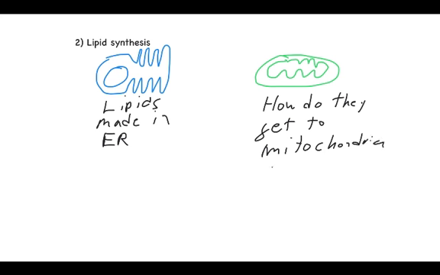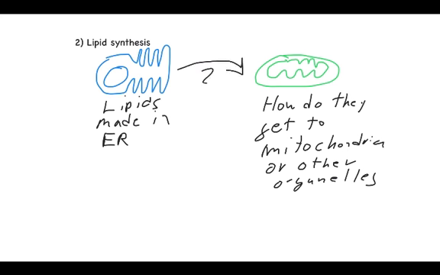If you're synthesizing lipids on the surface of the ER, how do you transfer those lipids in order to support mitochondrial function? This has long been a problem in biochemistry and cell biology: how do these lipids get from the ER to the mitochondria?